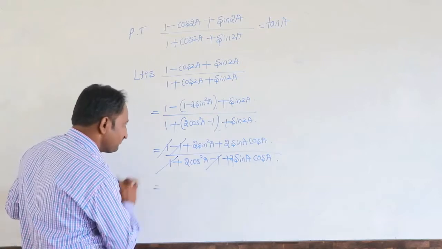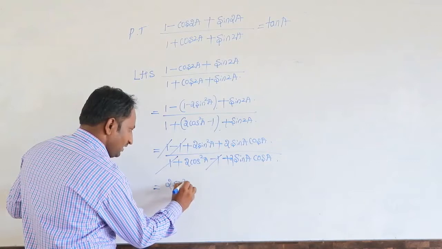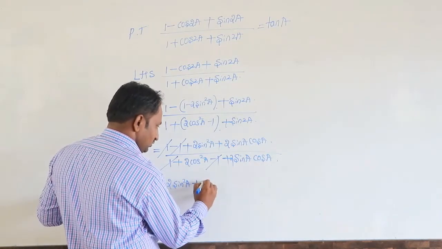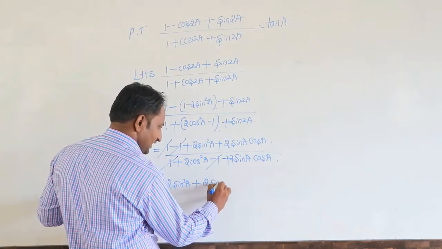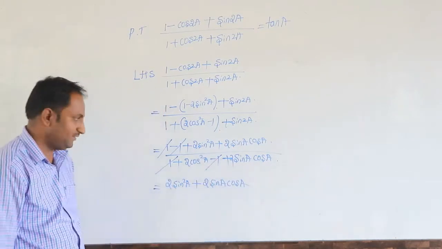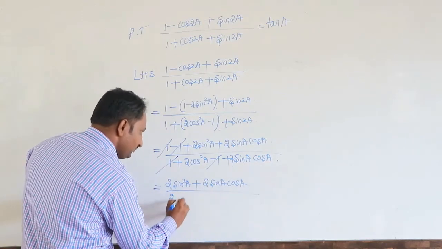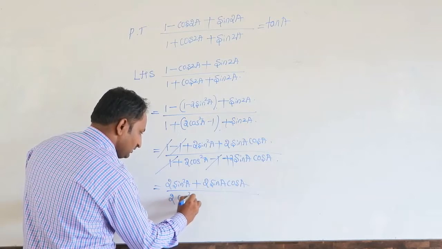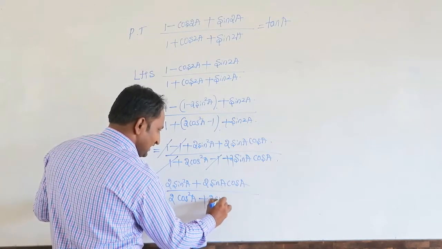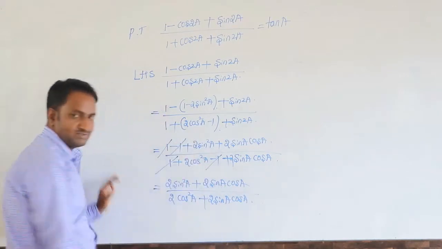That implies 2 sin square a plus 2 sin a cos a divided by 2 cos square a plus 2 sin a cos a.